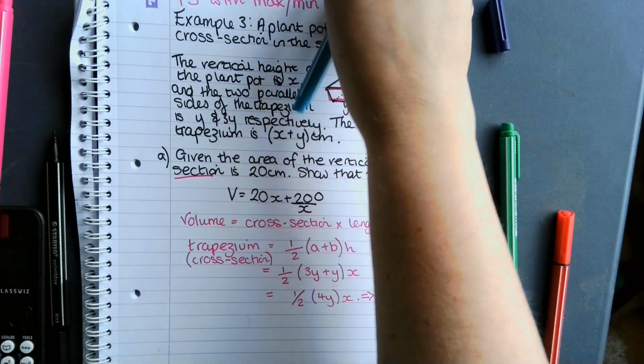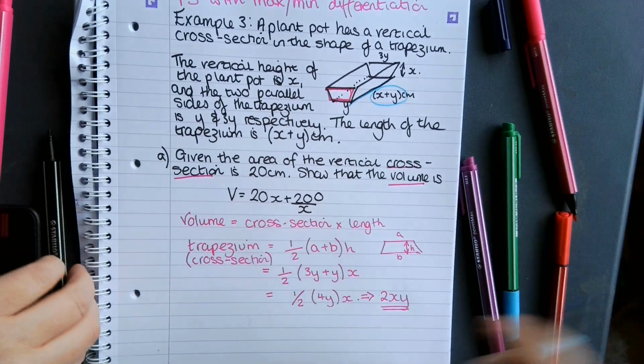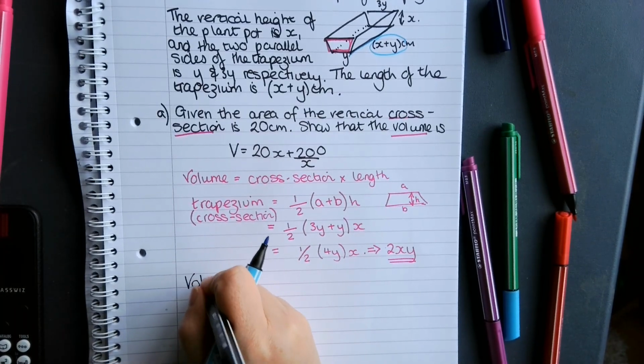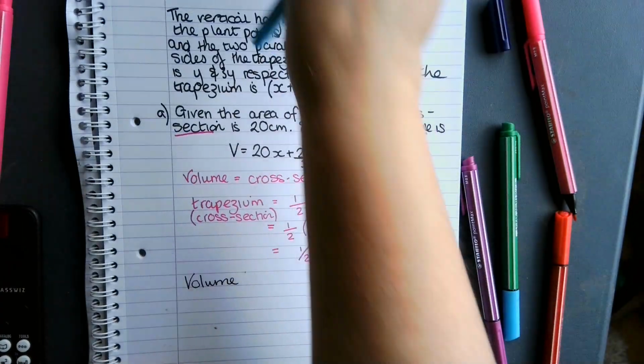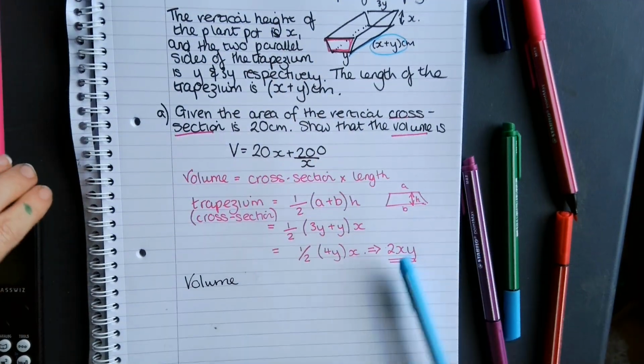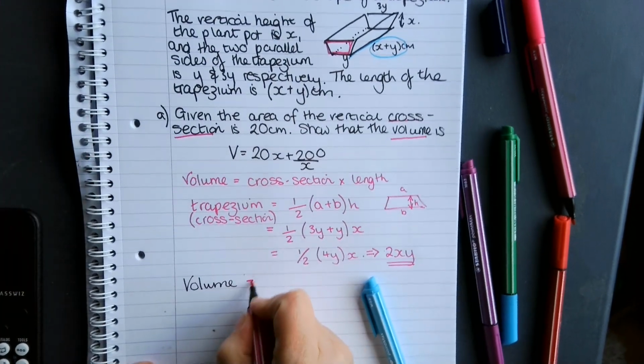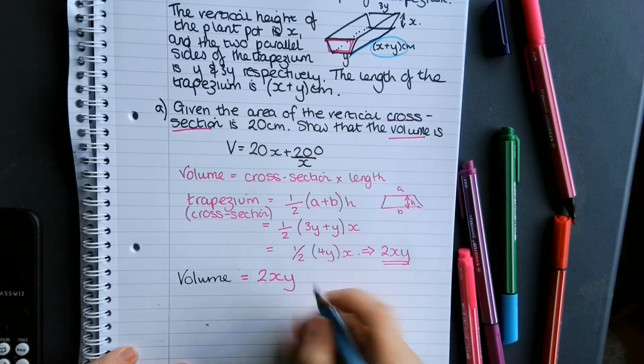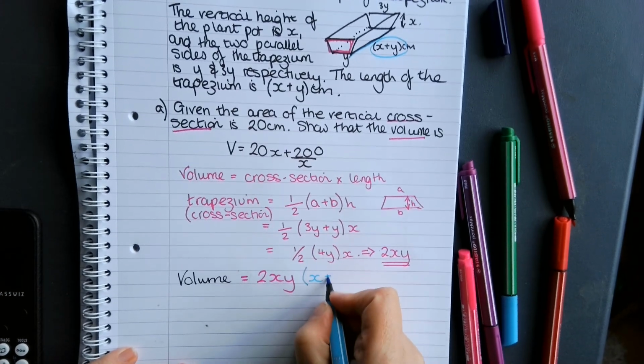So therefore, my volume is the 2xy, the cross section, times my length, which is x plus y.